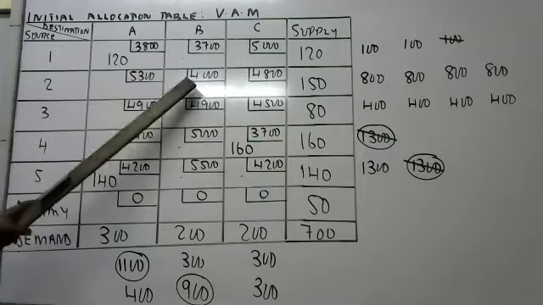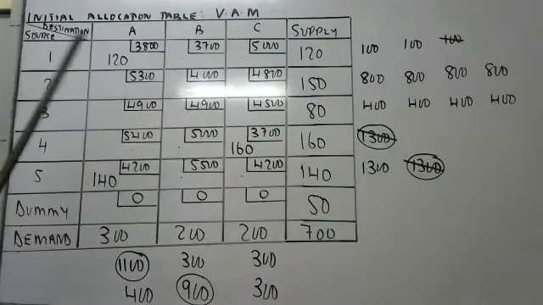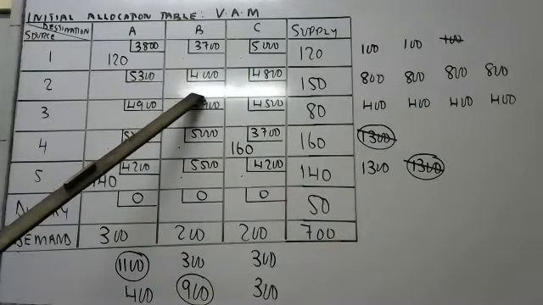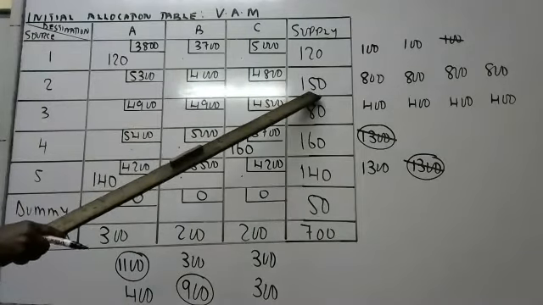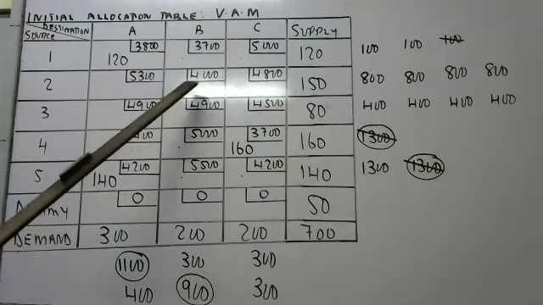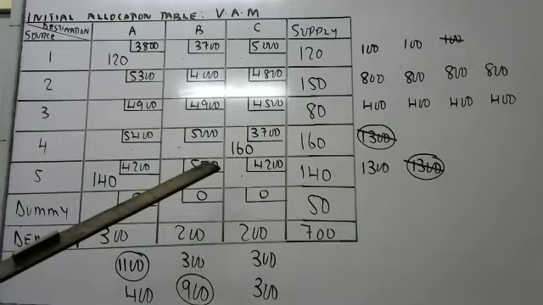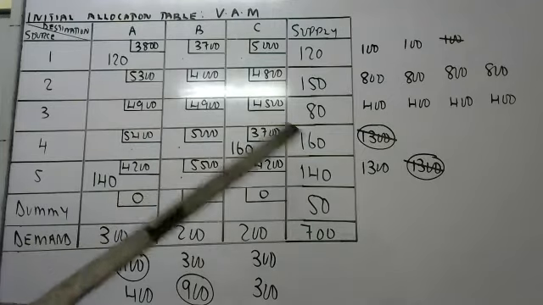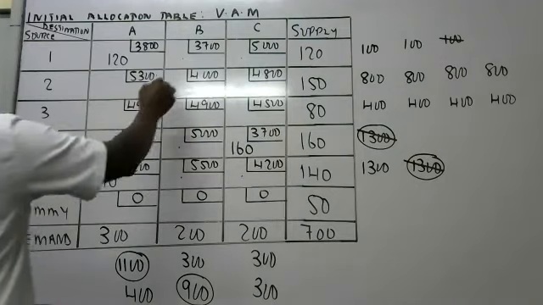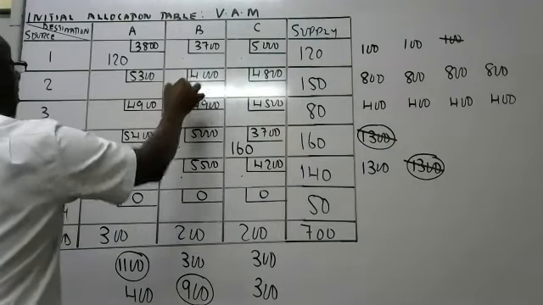coming from these 4,000. So when I run here, the available supply is 150, and the unsatisfied demand is 200. So the smaller of those two gives us a maximum of 150 here.